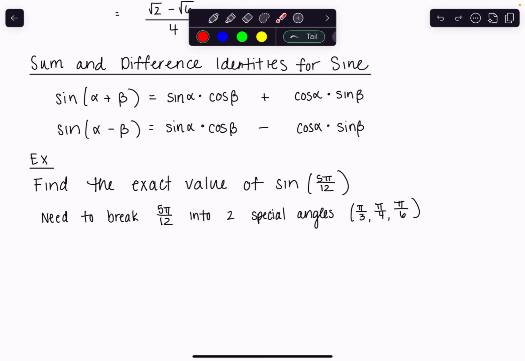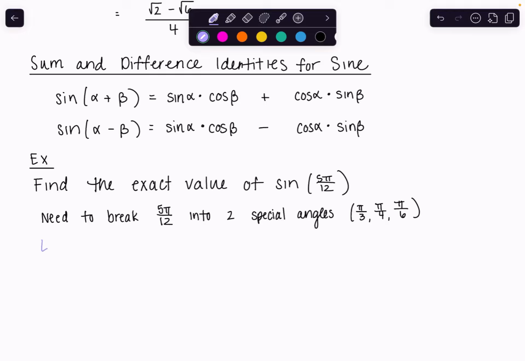But since that common denominator is 12, I'm going to pick any 2 angles. It's likely going to deal with a pi over 4, and then the other could be a pi over 6 or a pi over 3, because that common denominator between 4 and 3 would be 12, and then also the common denominator between 4 and 6 would be 12.